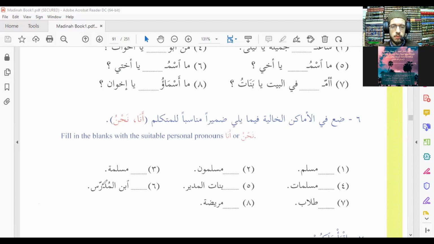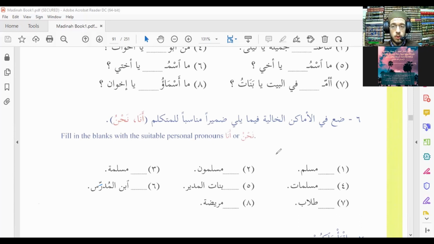Yep. And I'm just going to pick on you because you're, mashallah, doing great. Mudarrisi. Make sure that the ra has the vowel. نحن طلاب. أنا مريضة. Fantastic. And good job.